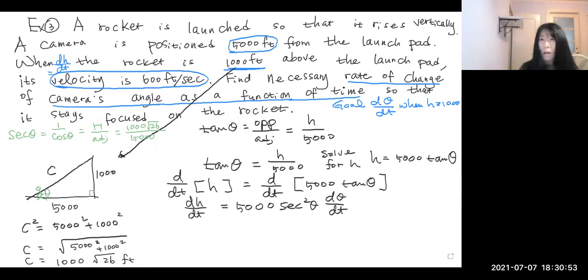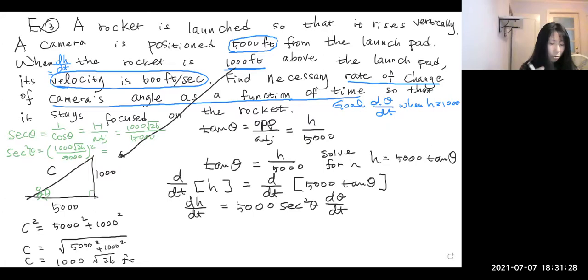Okay. Then we need the secant squared of theta, right? So let us square that. Okay. Then we simplify. Inside 3 zeros, simplify.